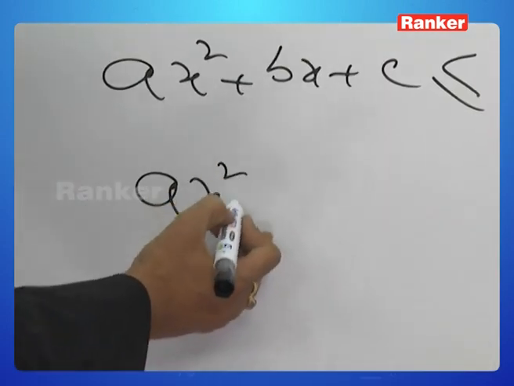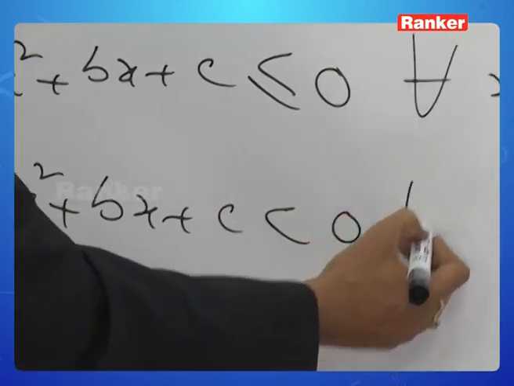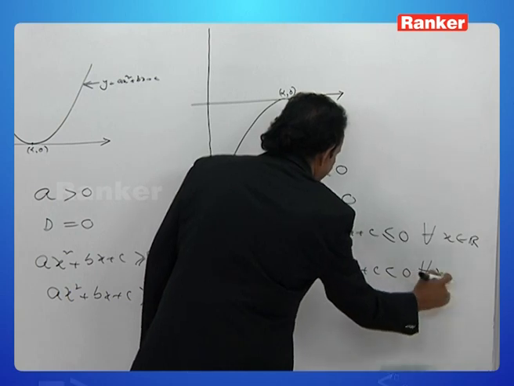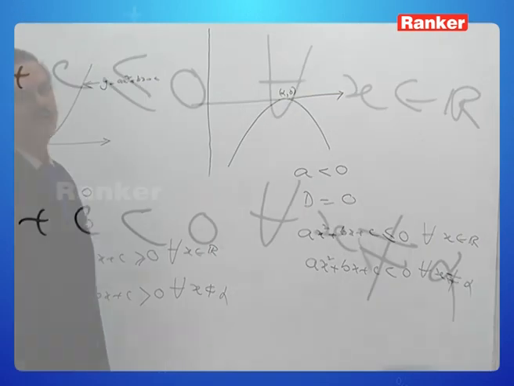Ax square plus bx plus c is less than 0 for all x not equal to alpha.